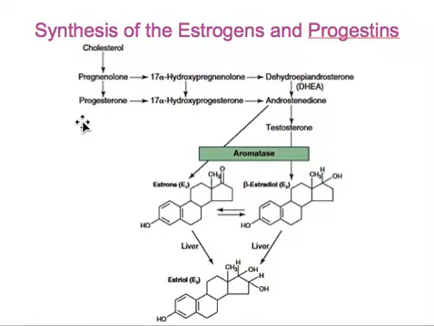Your progesterone can either be released into the circulation or converted into your hydroxyprogesterone, and then eventually be converted to your androstenedione, or your DHEA can be converted to your androstenedione. Your androstenedione can be a precursor either of your testosterone or directly converted by your aromatase to estrone or to estradiol, and in the liver it will be metabolized into your inactive estriol.